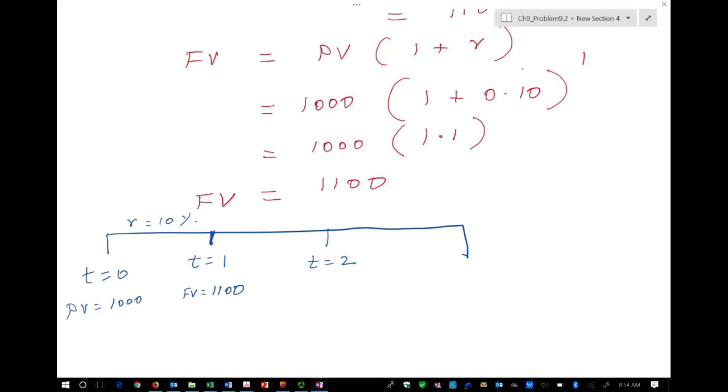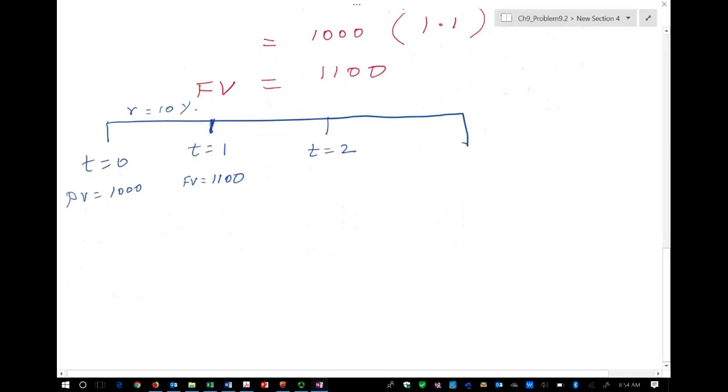But if I said you will earn interest on interest, now what is going to be your principal? It will be 1,100. Do you see that? So that is the key importance. Now we are introducing a concept called simple and compound interest. Simple interest has no interest on interest.